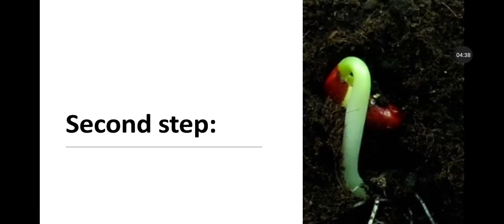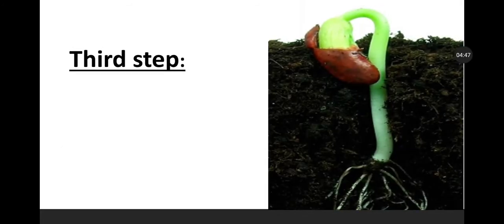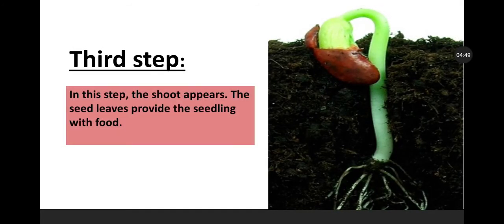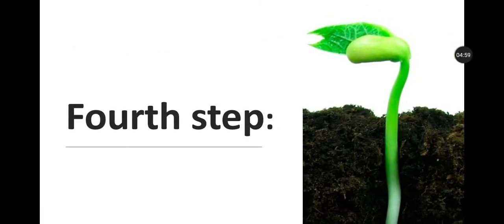In the second step, tiny roots start to appear from the seed. In the third step, the shoot appears. The seed leaves provide the seedling with the food which is stored in the seed leaves.